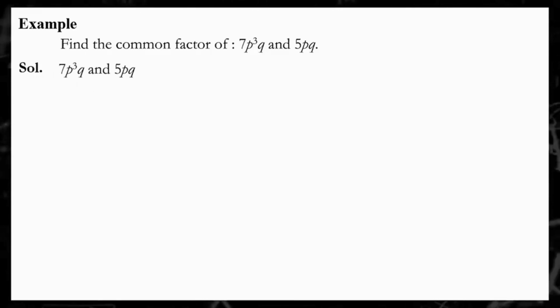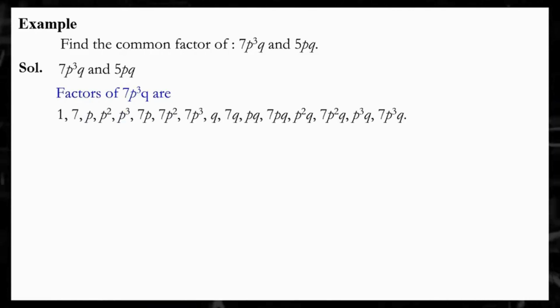Solution: 7p cube q and 5pq. Factors of 7p cube q are 1, 7, p, p square, p cube, 7p, 7p square, 7p cube, q, 7q, pq, 7pq, p square q, 7p square q, p cube q, 7p cube q.